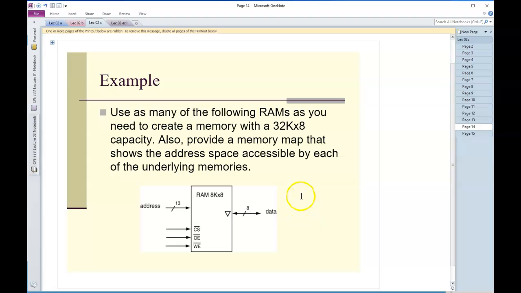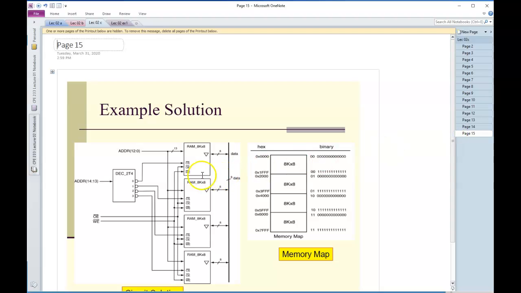A similar example is to take 4 of these devices, 8K by 8, with 13 address lines, and make it into a 32K by 8. The way we're going to do it is that we need 2 address lines. We have 4 of these, so we can have a 2 to 4 decoder rather than a 1 to 2 decoder, but everything else is exactly the same.